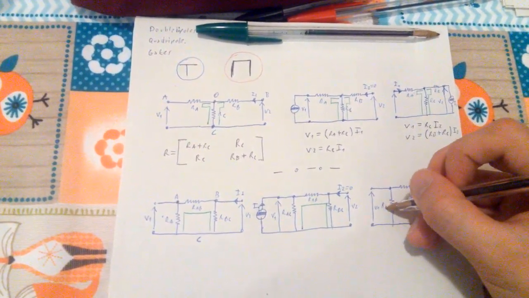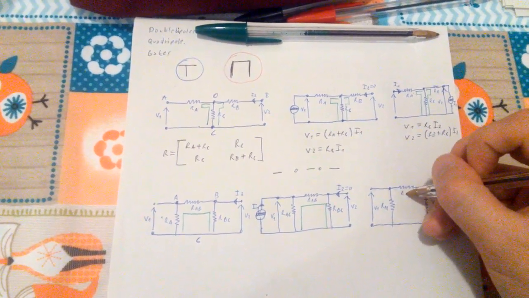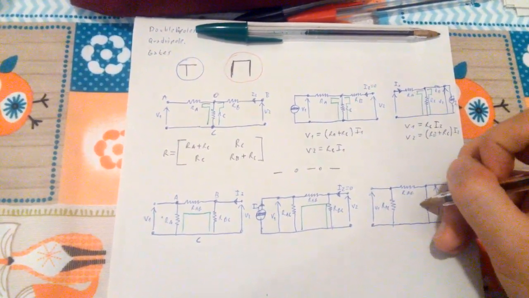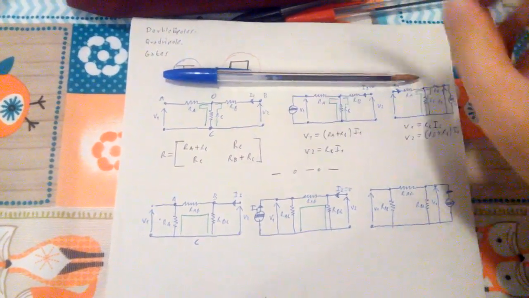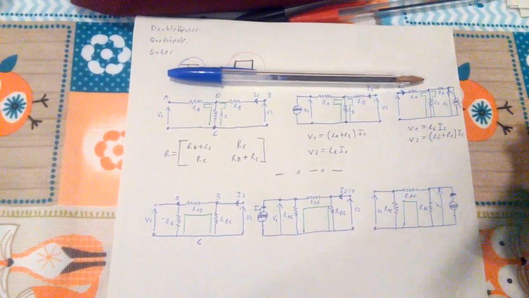Then this is RAC, RAB, RBC, and again we have the big fat pi.